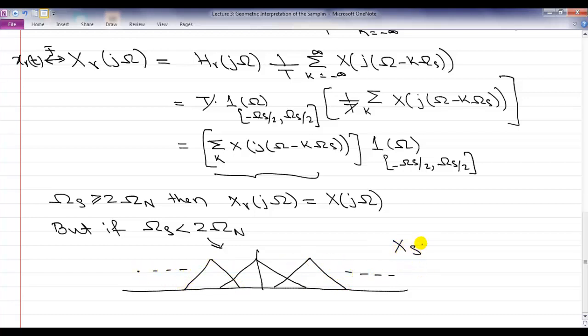This is our X_s(jω), and we are filtering. You can verify that this point is −ω_s/2, and this point is ω_s/2. So if you filter this region, what you end up getting is a figure like this.